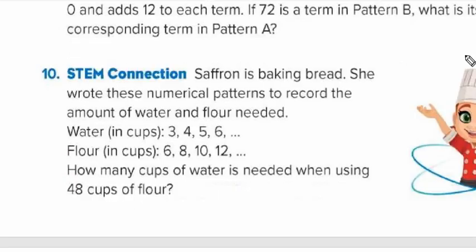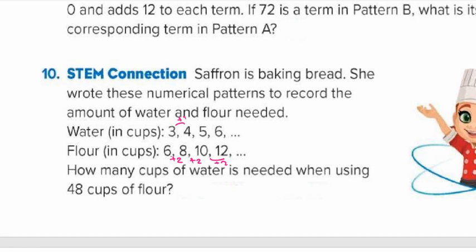Now let's quickly see this. Here this is the water pattern and this is the flour pattern. How many cups of water are needed when using 48 cups of flour? So here you see the relation. 6 plus 2, 8. 8 plus 2 is 10, and 10 plus 2, 12. And here this is 3 plus 1, 4, 4 plus 1, like this.